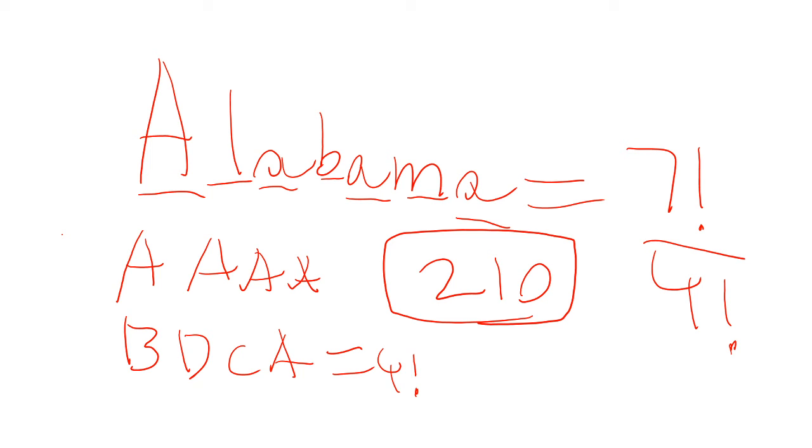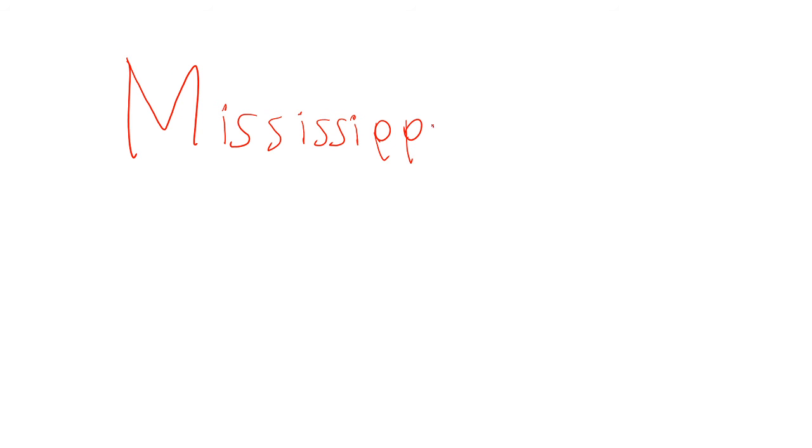Now let's take a look at a little more difficult problem, which involves repeated elements with multiple letters. And this is a neighboring state to Alabama. So let's say we have the word Mississippi. Lots of repeated elements here. The M is really the only thing that is not repeated. So honestly, we're going to rewrite the word here.